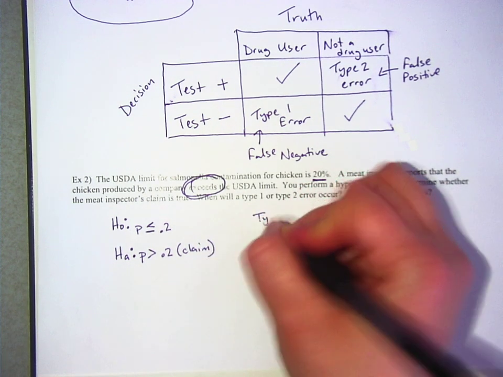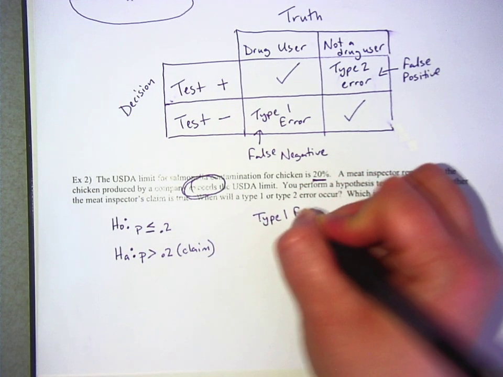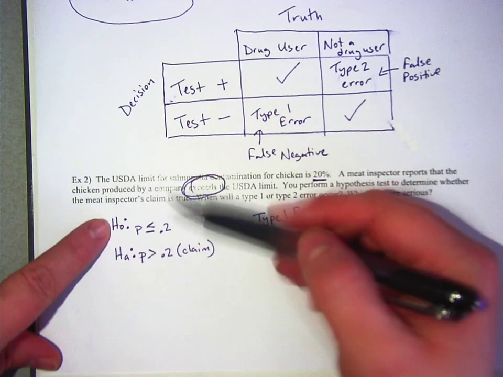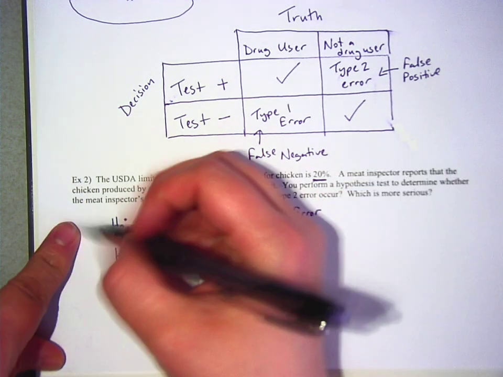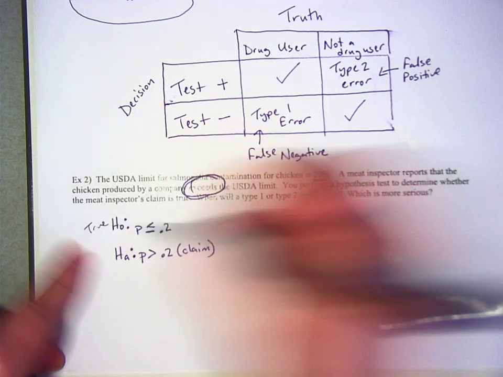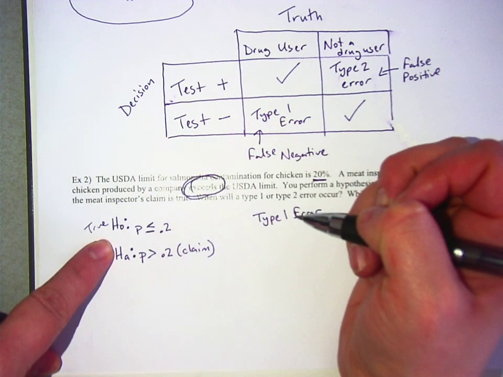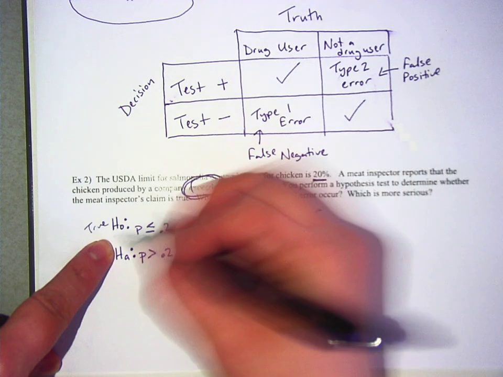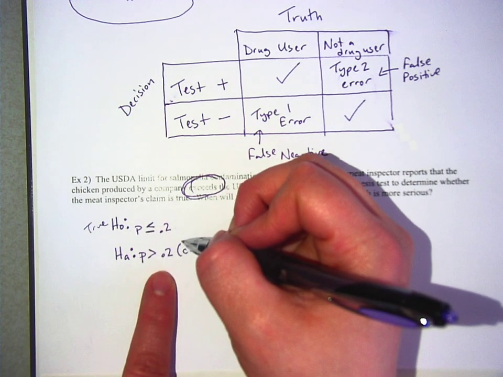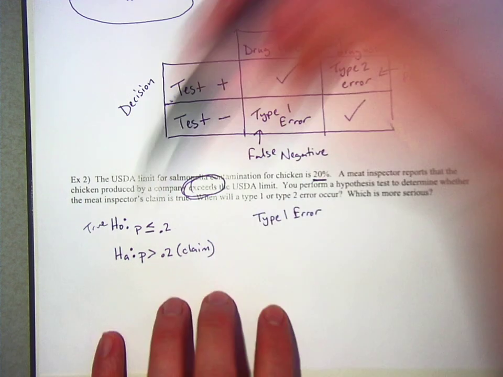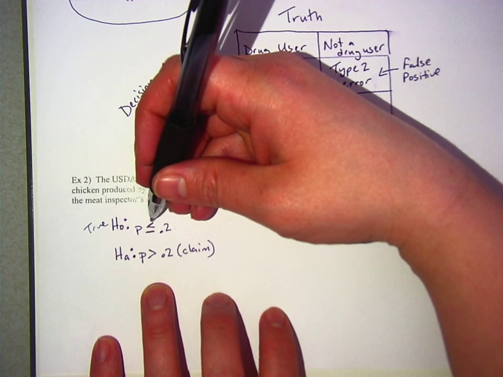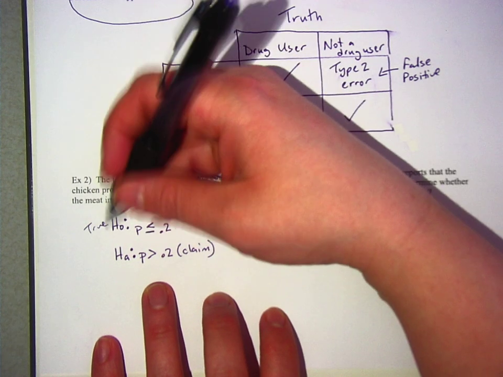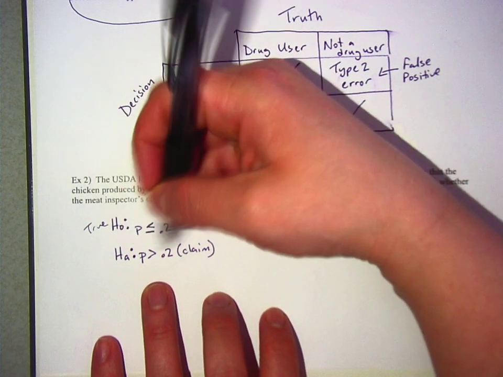Okay, so a type 1 error is when the null is true, so this one is true, but we accidentally say that it's false. So let's say I work at Burger King, and the truth of the matter is that we are less than or equal to 20%.